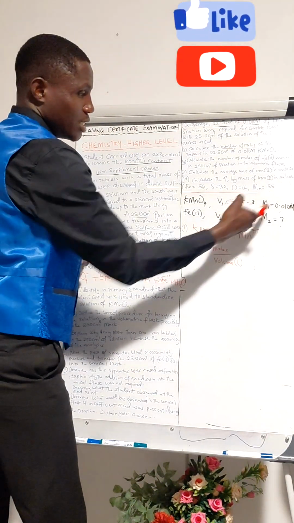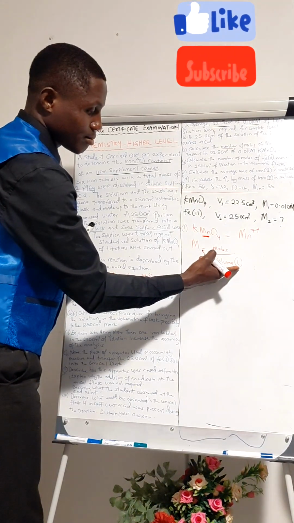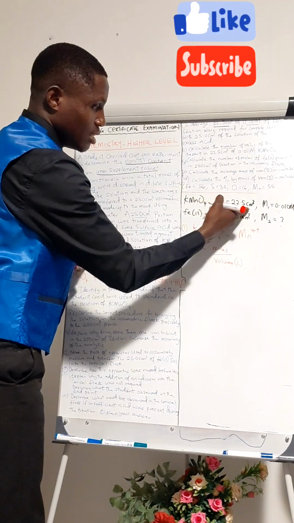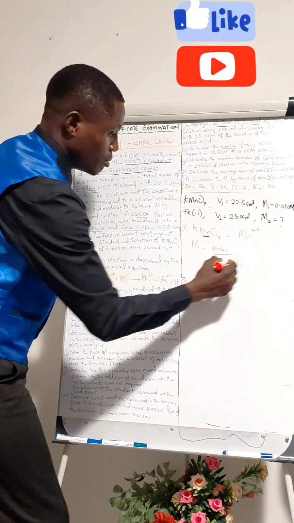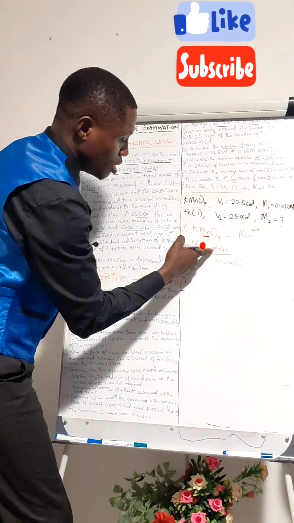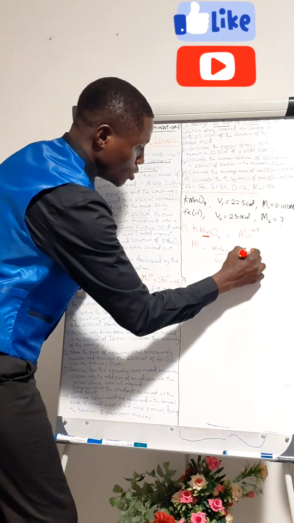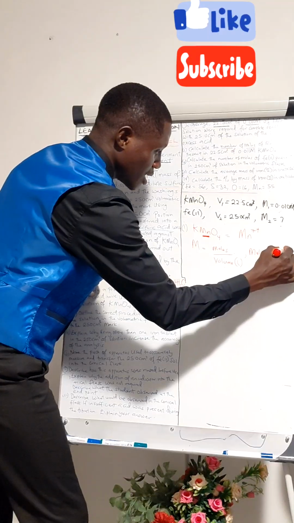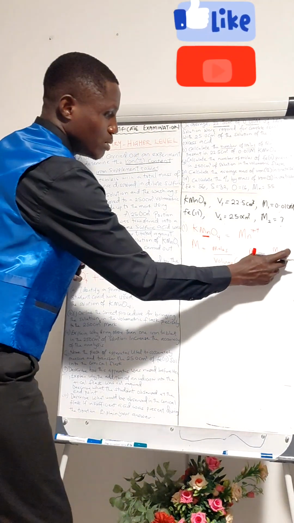We are given molarity to be 0.010, but this volume must be in liters, so I'm going to convert this. Since I'm trying to calculate the number of moles, and molarity is equal to moles over volume, the number of moles will be molarity times volume, and this volume must be in liters.